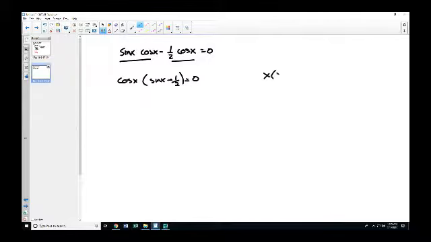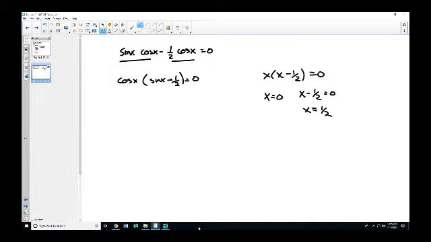Basically the sine is 1/2. X has to be 0, right? Or sine x minus 1/2 has to equal 0, right? So you find where sine is 1/2.